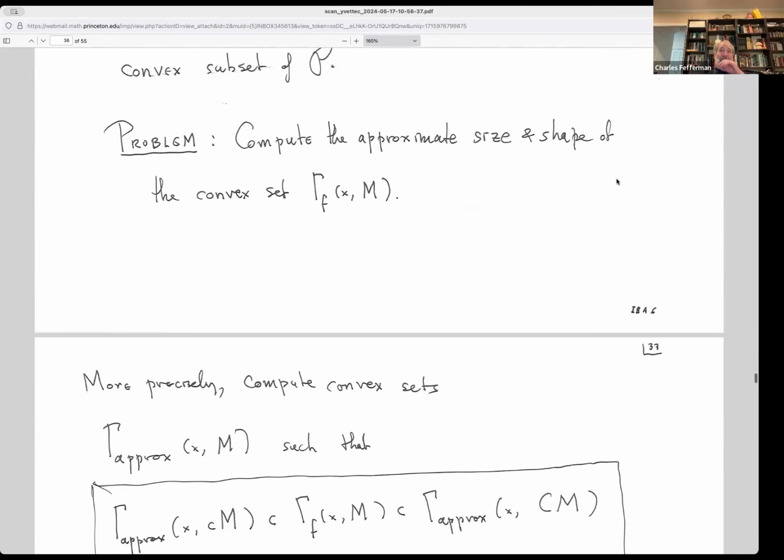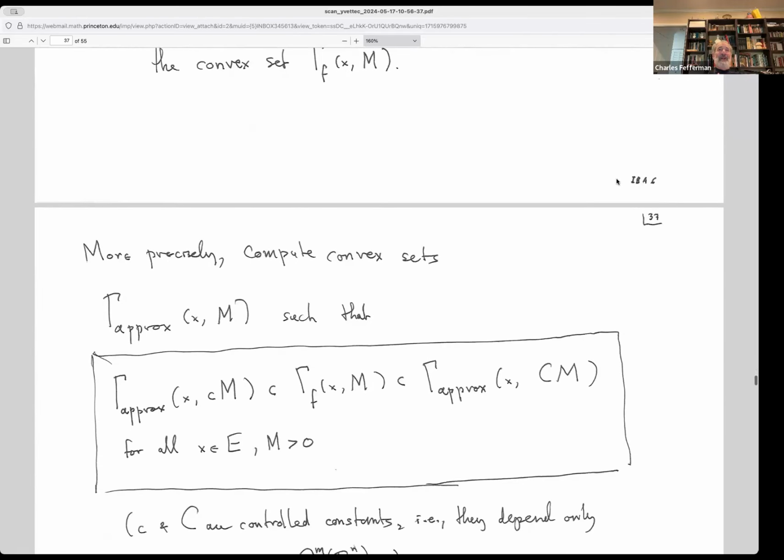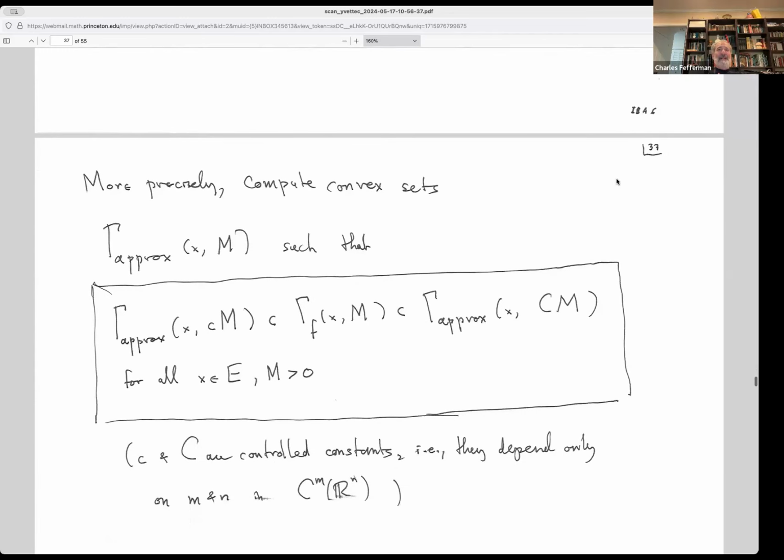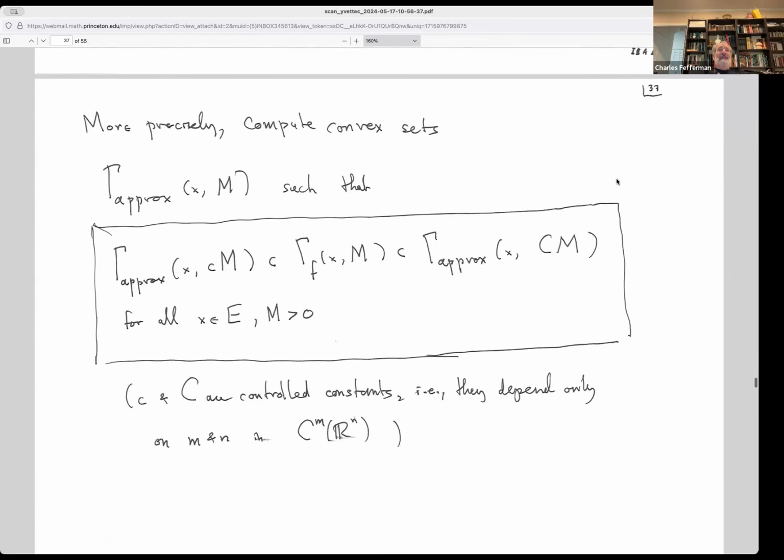All right, so what does it really mean to compute the approximate size and shape of the convex set gamma? What it means is that I would like to be able to compute convex sets that I call here gamma approx with the property shown on the slide. So I don't precisely fix the value of M, but if I want to understand the actual gamma, the true gamma for a given M, it is contained in the gamma approx if I make that M somewhat bigger, and on the other hand, it contains the gamma approx if I make M somewhat smaller.